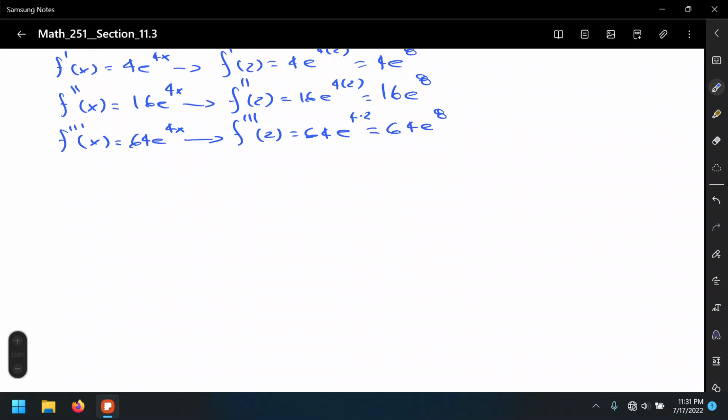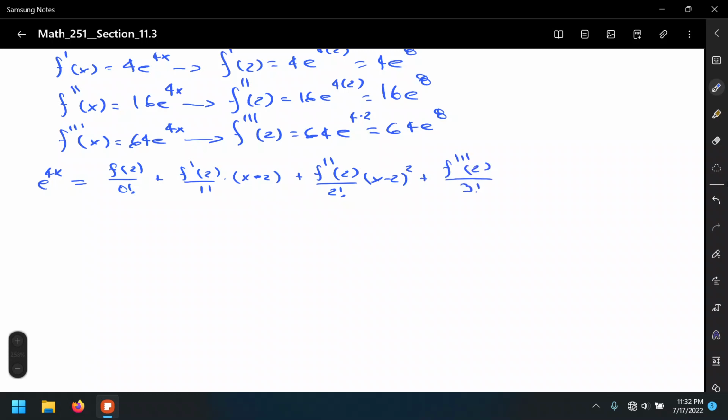So e to the 4x equals, let's use the equal sign, f evaluated at 2 over 0 factorial, plus f prime evaluated at 2 over 1 factorial times x minus 2, that's the center, plus f double prime evaluated at 2 over 2 factorial times x minus 2 squared, plus f triple prime evaluated at 2 over 3 factorial times x minus 2 cubed, plus dot dot dot. That one is going to go on forever, right?